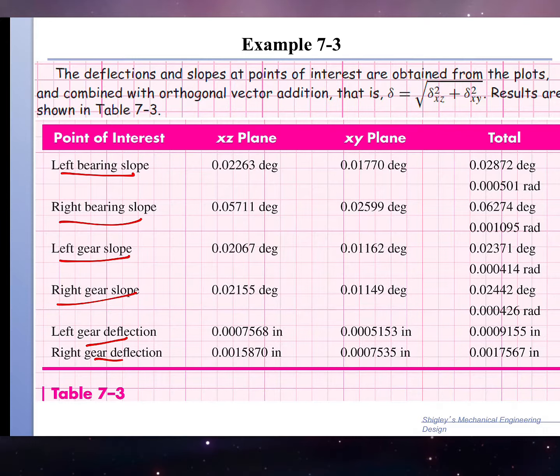As far as the slopes are concerned, we would see that they're very small, like 0.005 radian, but the right bearing slope, you notice that it is actually greater than the allowable for a cylindrical bearing. The right bearing is a cylindrical bearing because the forces near that bearing are higher, and therefore we choose a cylindrical bearing rather than a ball bearing.